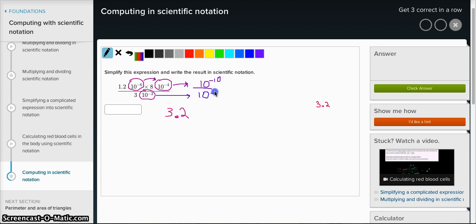Now, I have to remember, dividing by 10 to the negative 3 is the same as multiplying by 10 to the positive 3. And that will make it easier for me to add without messing up. So that's going to be 10 to the negative 7. So there we go.